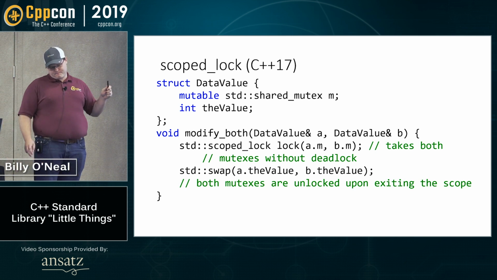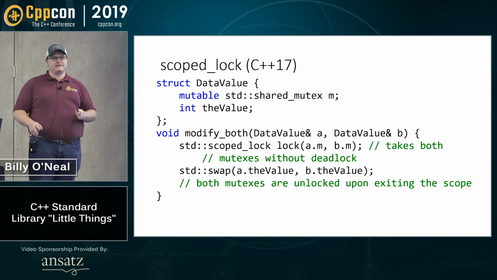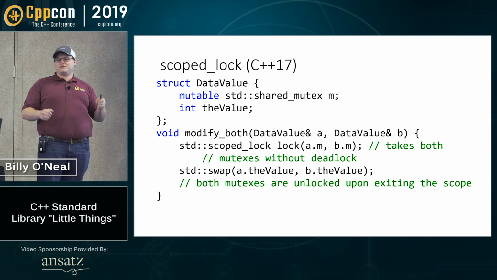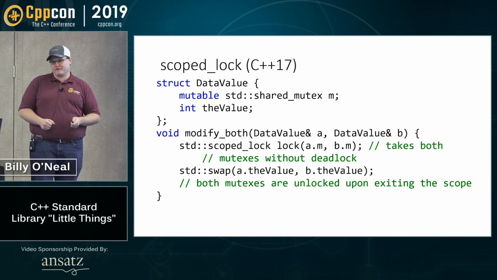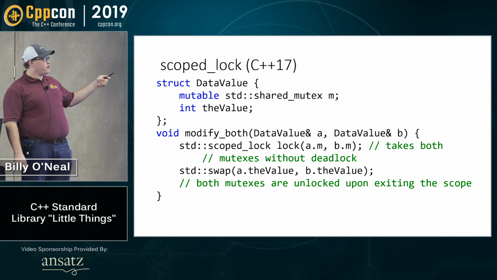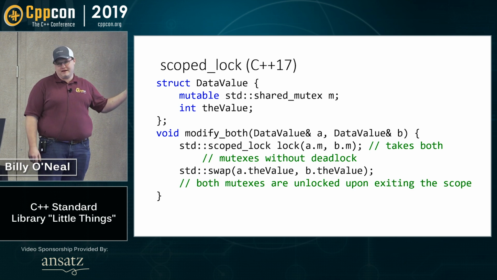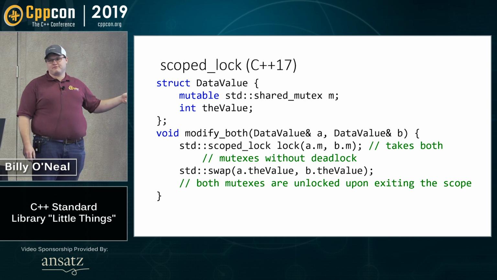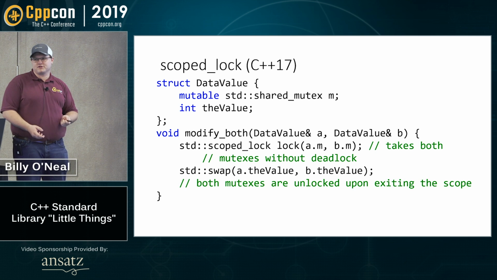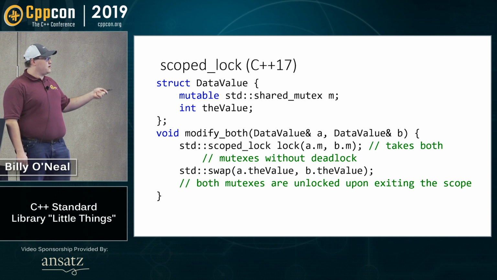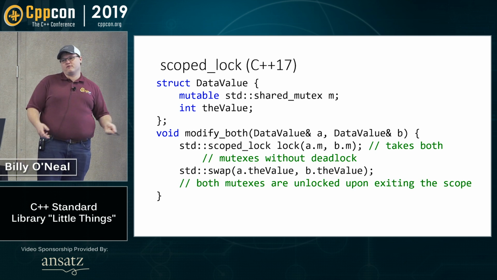The new feature in 17 is not std::lock, the algorithm, it's scoped_lock, which gives you a nice RAII interface for this. Here, this will take both of the mutexes on the two data members, A and B, and then you can do your swap knowing that all of these operations are protected by the mutexes, and then the mutexes will be unlocked for you when the scope is exited.